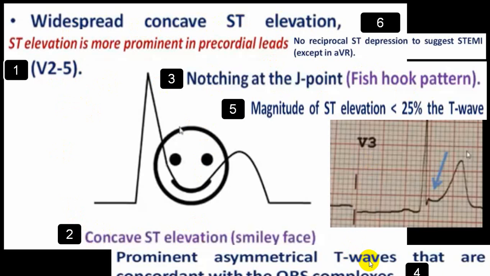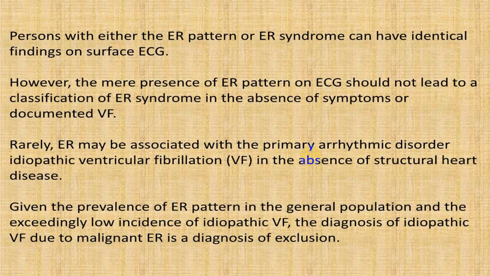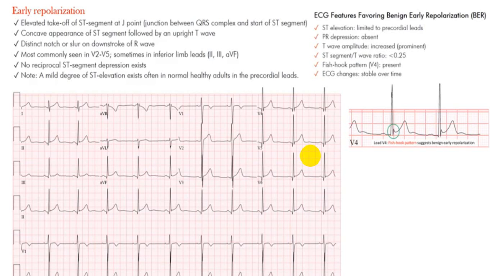The T wave is taller and asymmetrical, and if the ST elevation to T wave ratio is less than 25%, then these are all the criteria which fit well. And we add one more: no reciprocal ST depression in other leads except aVR. So this is very nicely given here, and that suggests benign early repolarization.